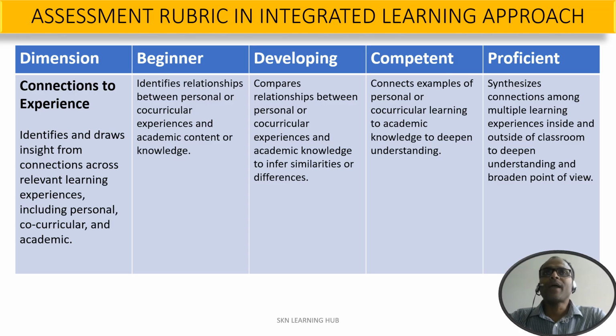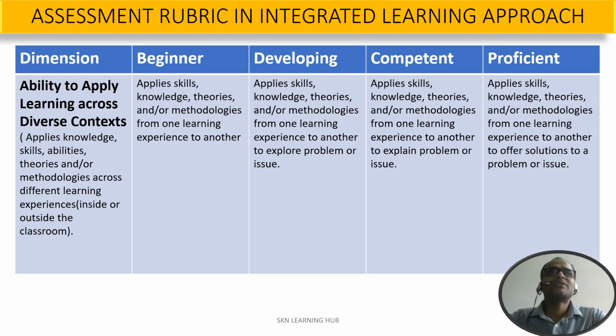Students who compare relationships between personal or co-curricular experiences and academic knowledge to infer similarities or differences will be assessed as developing. Students who connect examples of personal or co-curricular learning to academic knowledge to deepen understanding will be assessed as competent. Students who synthesize connections among multiple learning experiences inside and outside of the classroom to deepen understanding and broaden point of view will be assessed as proficient.